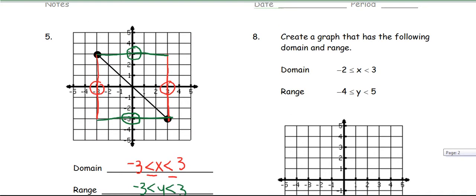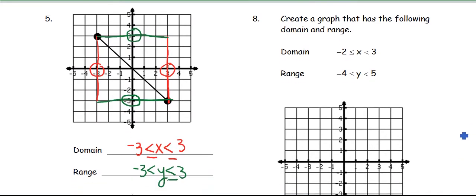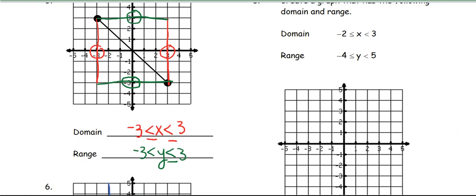All right, let's go up to our last one. It says create a graph that has the following domain and range. All right, what I would suggest is let's go to -2 and let's draw our parameters. It cannot go beyond -2 on the x-axis.